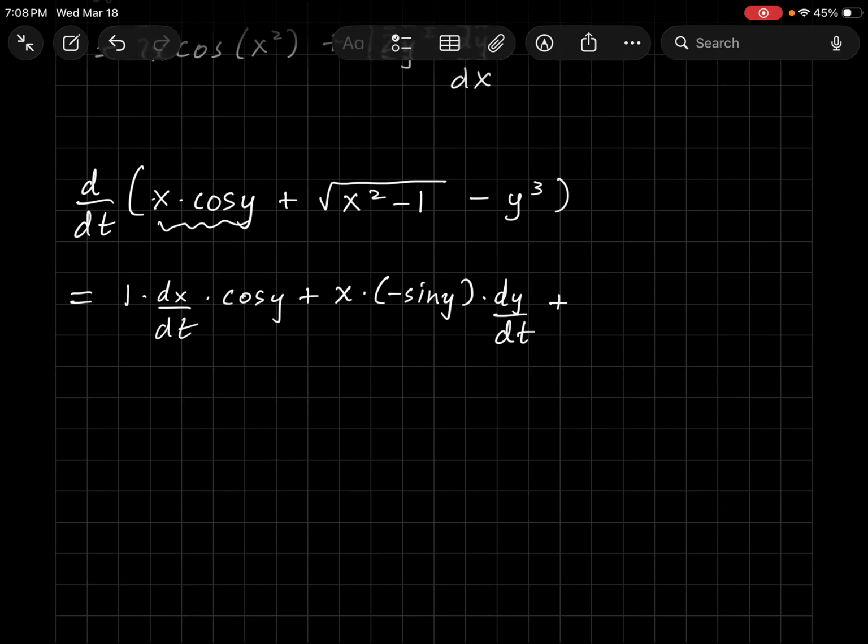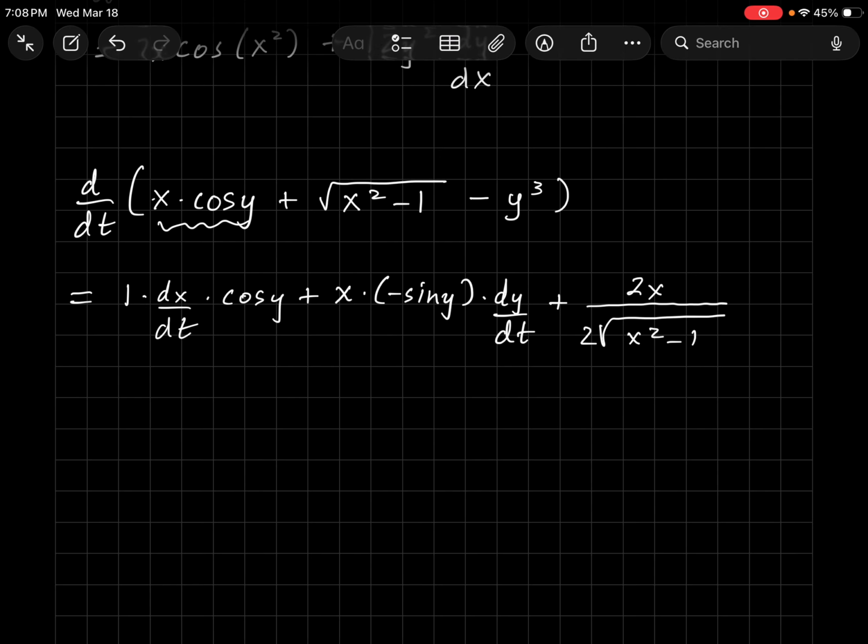taking the derivative of the square root of x squared minus 1, which is 1 over the square root of x squared minus 1, and then 2 out there, right? So 1 over 2 root the thing times the derivative of the inside part. So this is a chain rule just with respect to the x.